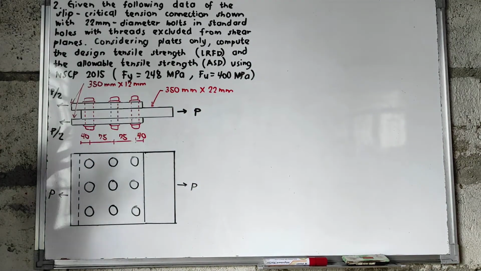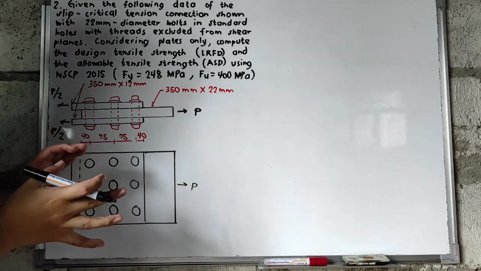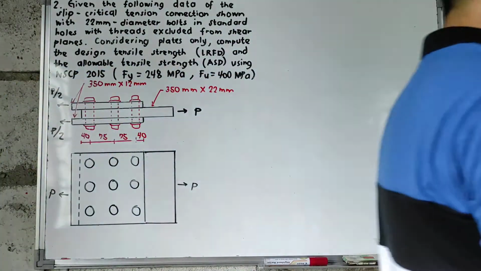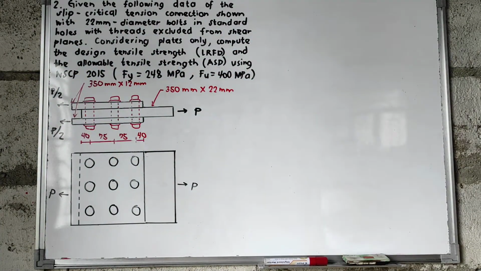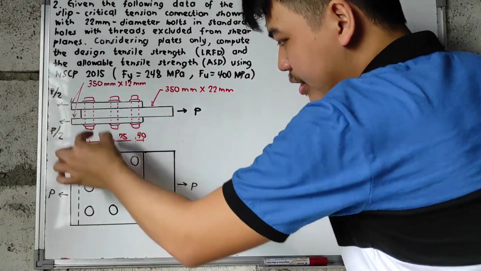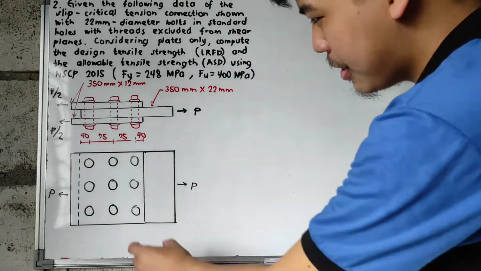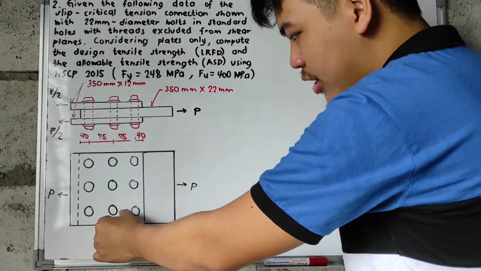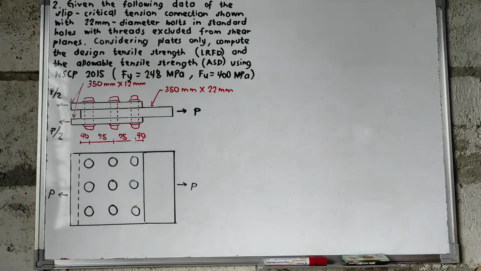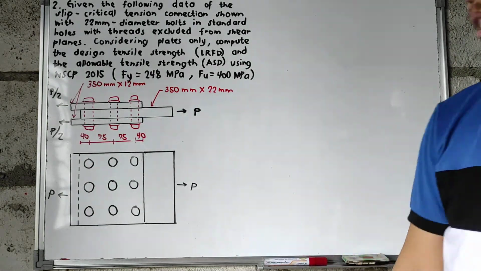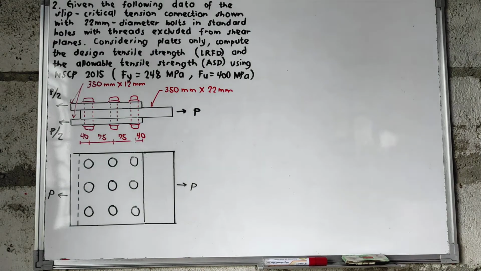So, makikita natin na yung mga plates natin, it is connected by 3 rows of bolts. So, yung row 1, row 2, at saka yung row 3. Parang column, no? This is column 1, column 2, at saka column 3. Basta, it is connected by series of bolts.